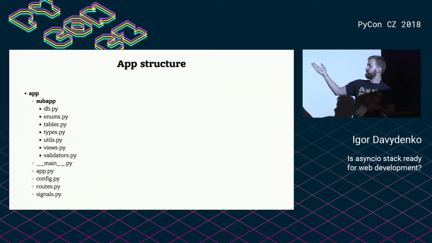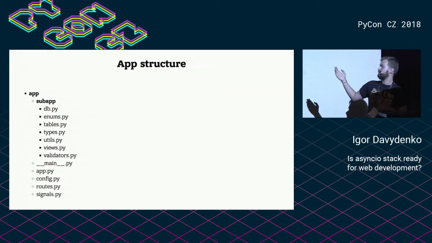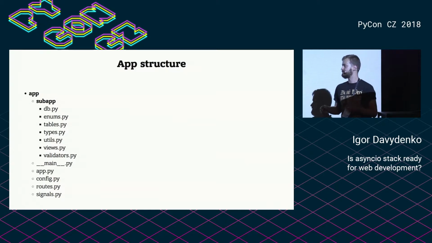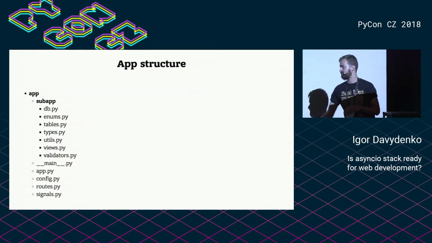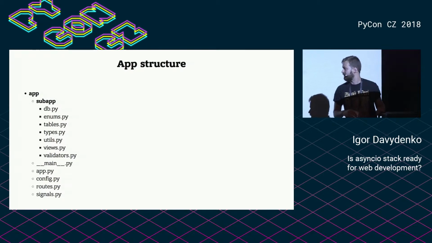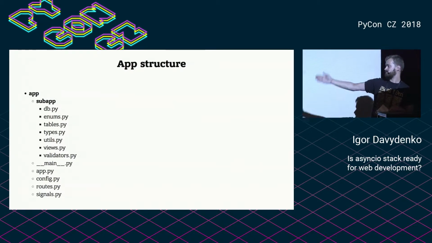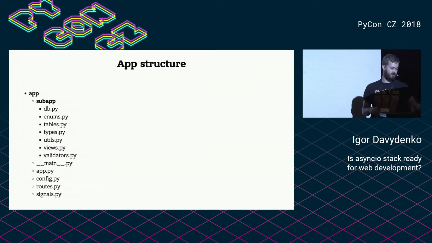Tables are the SQLAlchemy core definitions for tables. Types is for typing. Utils is some utilities not related to the database. Views and validators are pretty obvious: views for the view layer and validators for validating data. And some other stuff like app, config, routes, signals, et cetera.